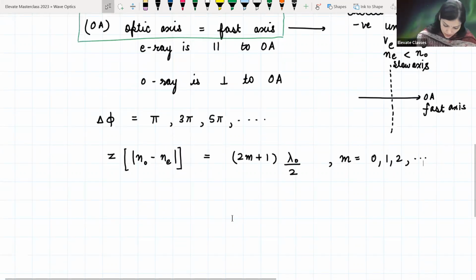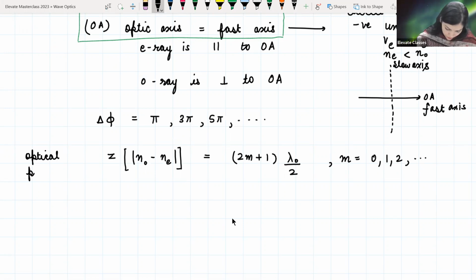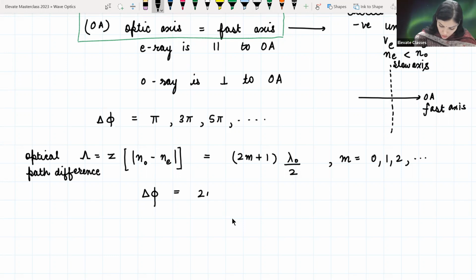This formula is for the optical path difference. And if I multiply the optical path difference with k, which is 2 pi by lambda, that will give me del phi. So this is capital lambda, and del phi is 2 pi by lambda naught multiplied by this.